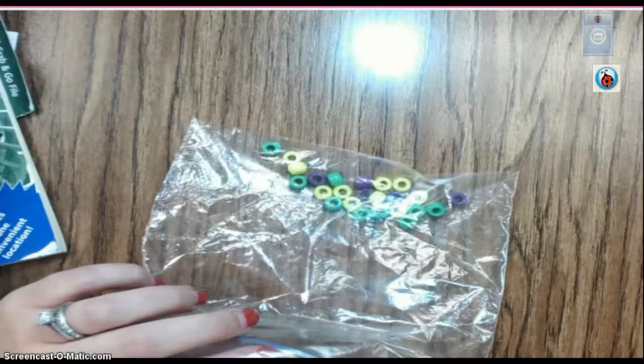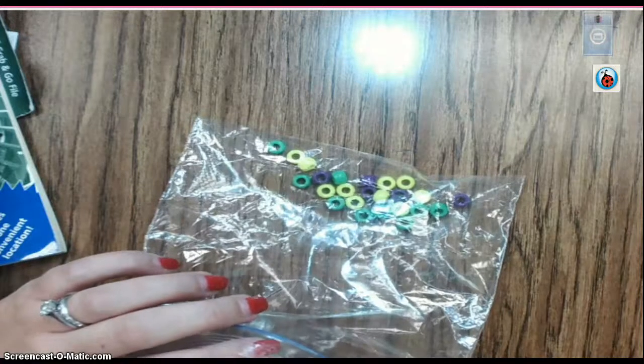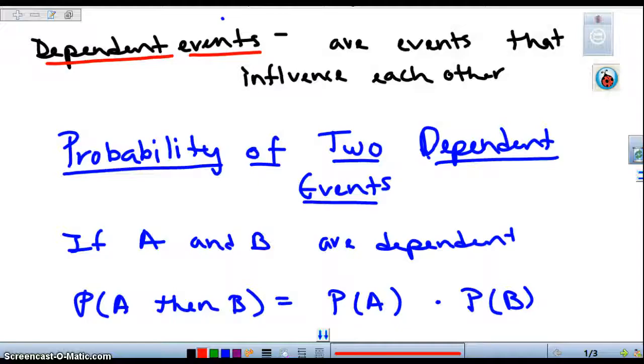So the act of not replacing the bead is what makes choosing the next bead dependent on what happened with the first bead. The probability of two dependent events, if events A and B are dependent, is the probability of A then B is equal to the probability of A times the probability of B.